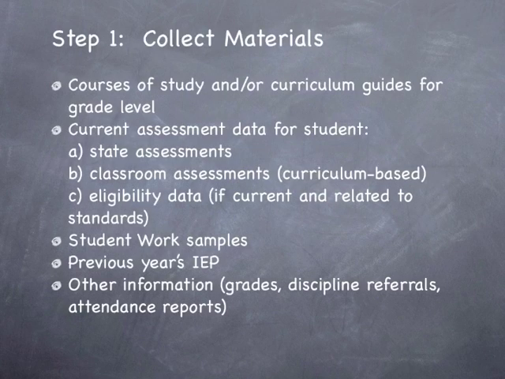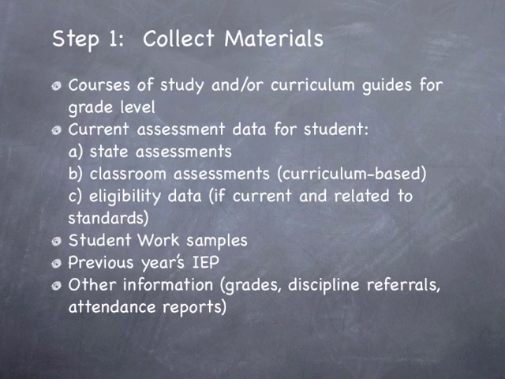When you go to write a student's IEP, the first thing you'll want to do is collect as much current information as you can about that student. Some of those things might include courses of study and or curriculum guides for their grade level, and current assessment data for the student, which can come from a variety of different sources.